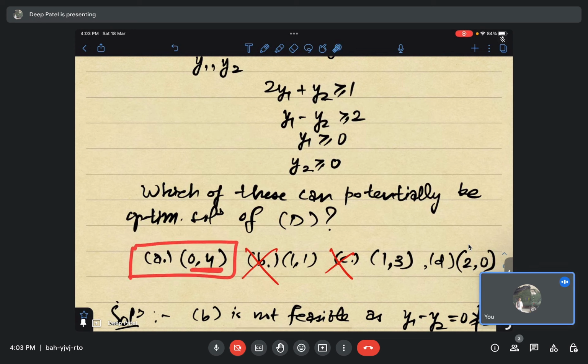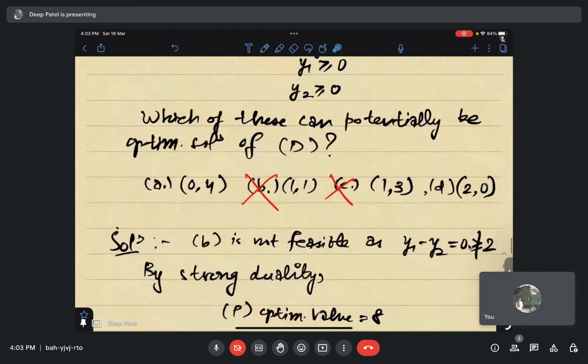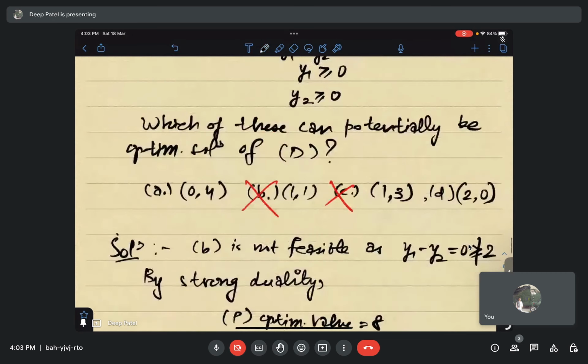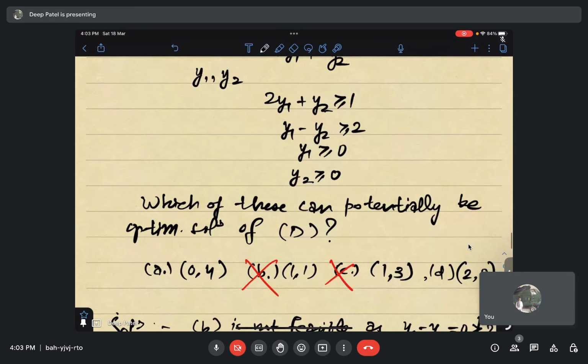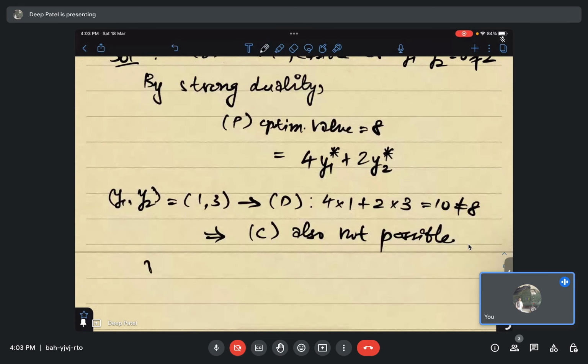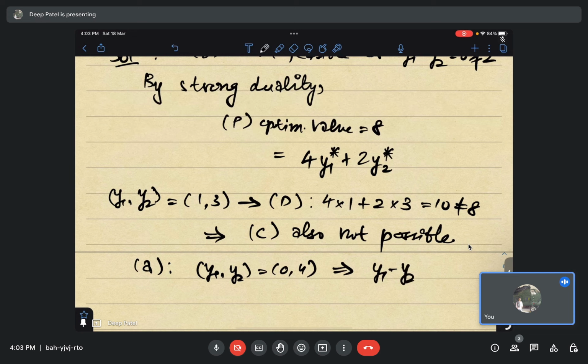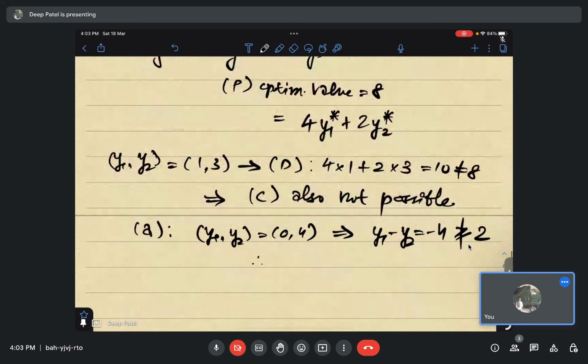A is y1, y2 equals 0, 4. Then y1 minus y2 is minus 4, which is not greater than or equal to 2. Therefore, it is not even feasible. We should have eliminated it beforehand. I missed that.